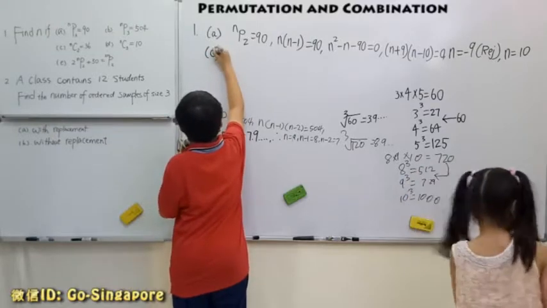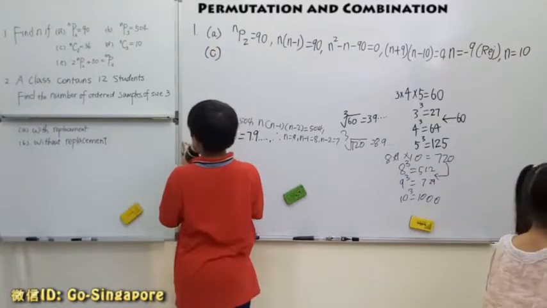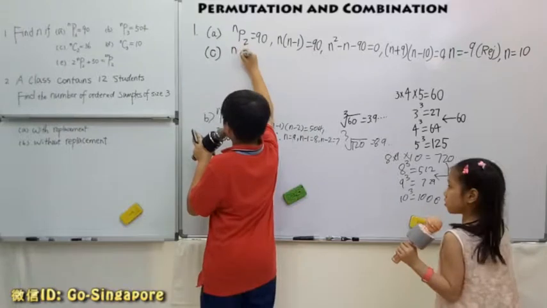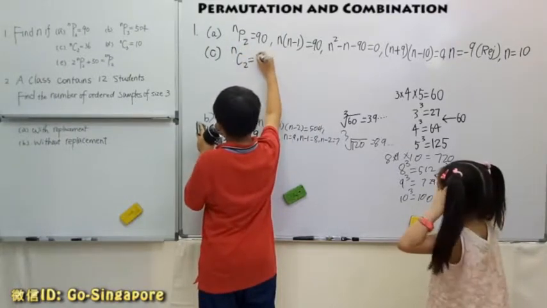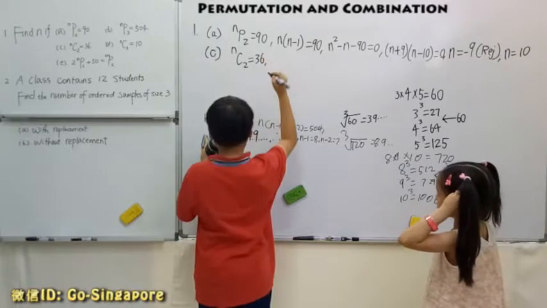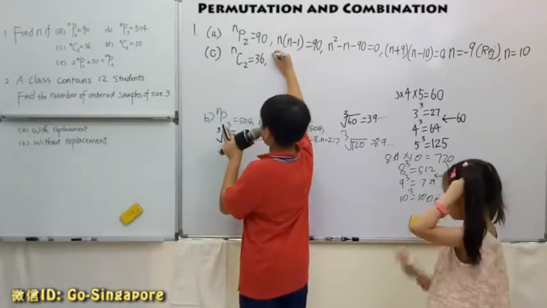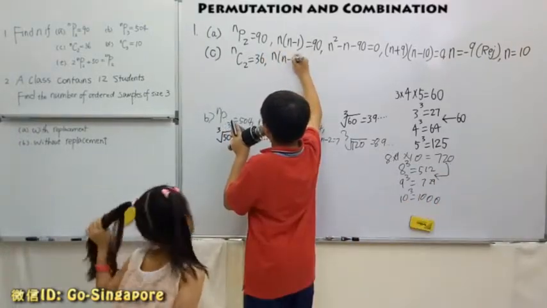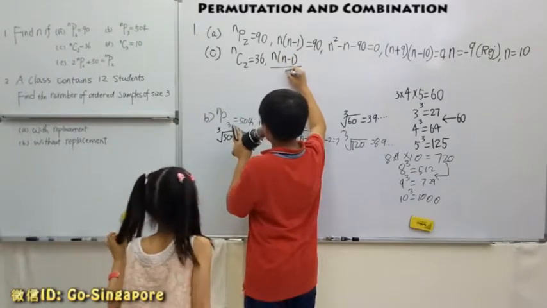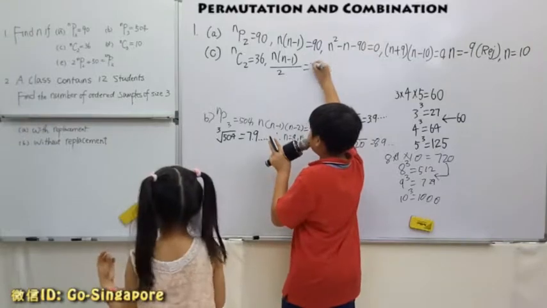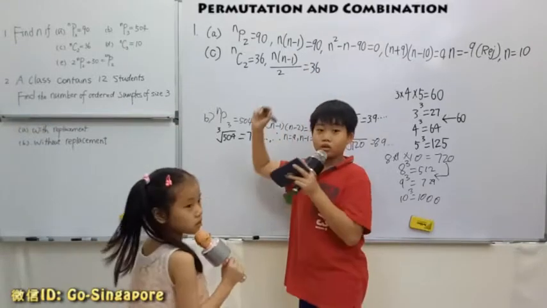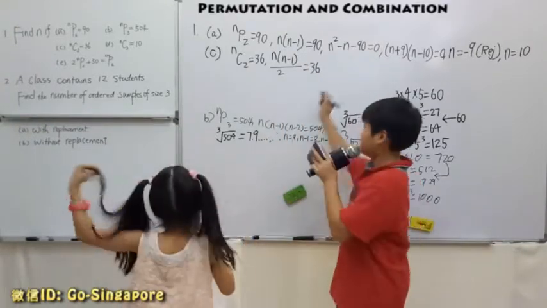You may solve it. Okay, so for part C, we actually have this n choose 2, and this is 36, right? Yes. That means n times n minus 1, over the 2. This is actually 36, right? Yes.